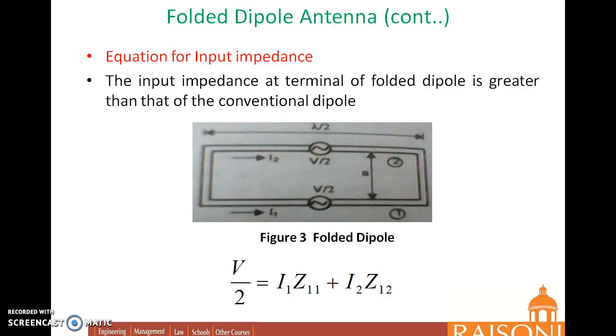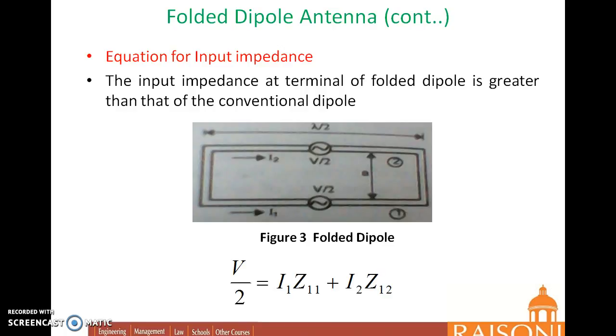The equation for the input impedance, we have to follow that procedure. The input impedance at the terminal of the folded dipole is greater than that of the conventional dipole. Why is it greater? Because it is the combination of two half wave dipoles.